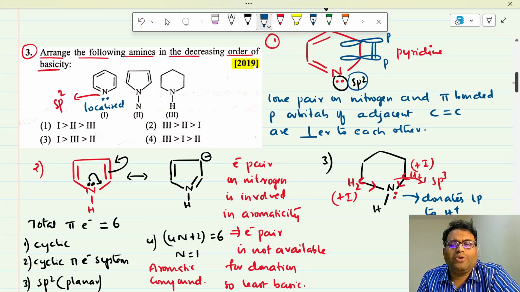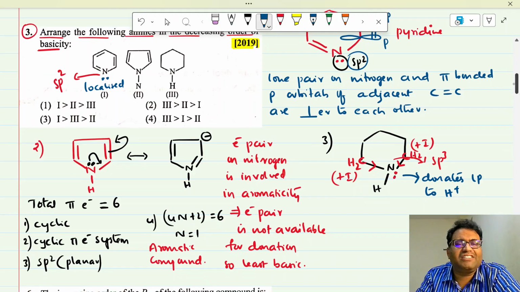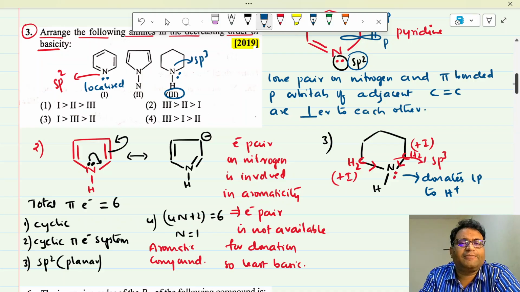So the molecule having the highest basic strength is the third one, because availability is more. This is sp3 hybridized, this is pushing, this is also pushing, that is, it has plus I character, two plus I characters. So the third one is the highest among the options.